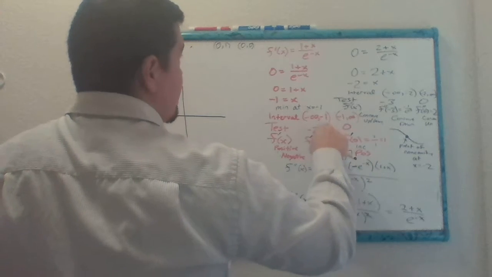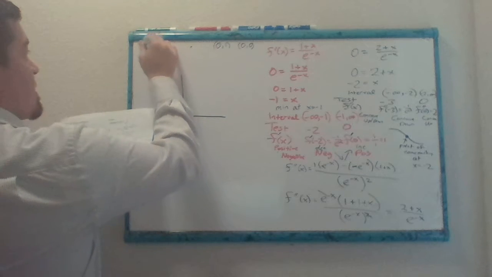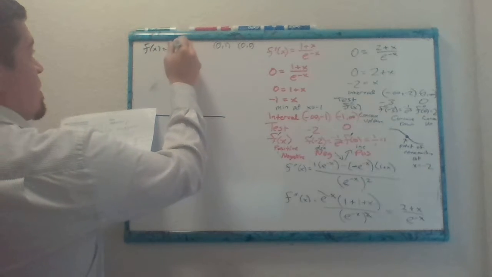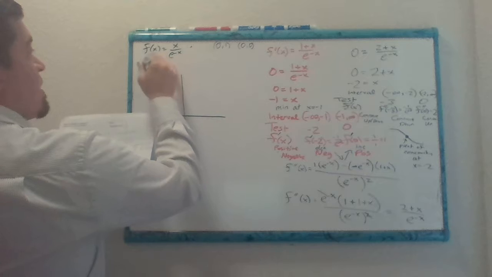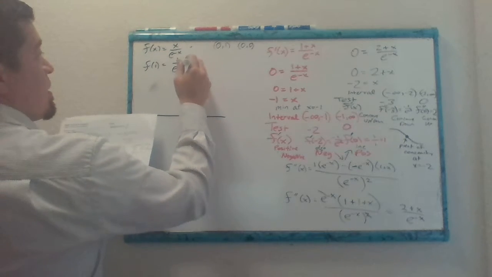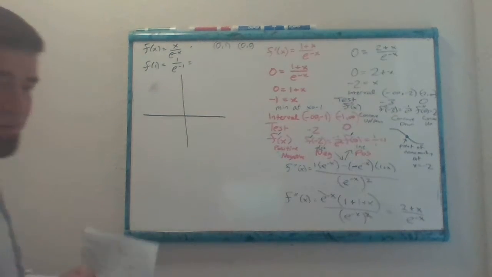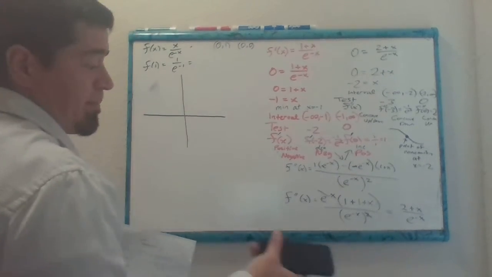So I'm going to plug in -1 into the original function f of x. So f of x, again, I should have left that part on there, is x over e to the -x. Be f of 1, be 1 over e to the -1, which we can calculate real quick.